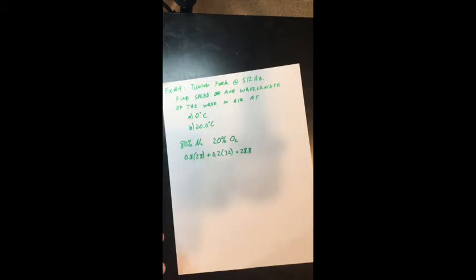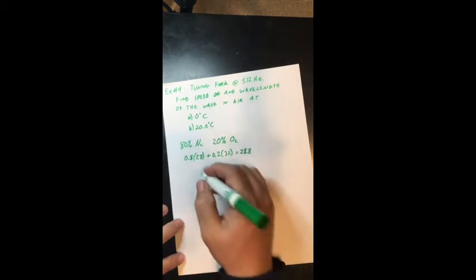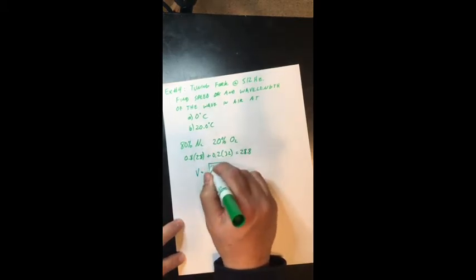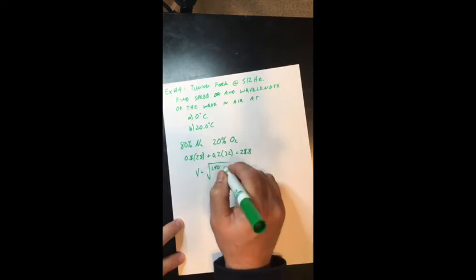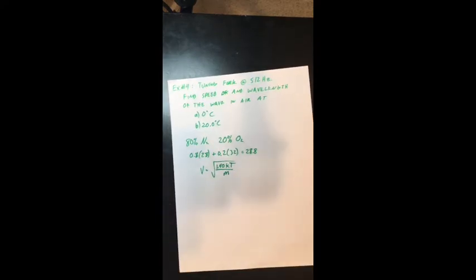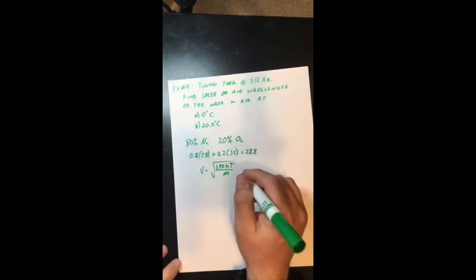So basically what we're going to do with this now is we have V equals the square root of 1.40 kT divided by m. And 1.40 is kind of universal.